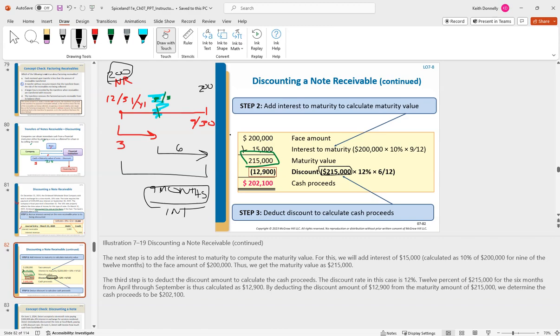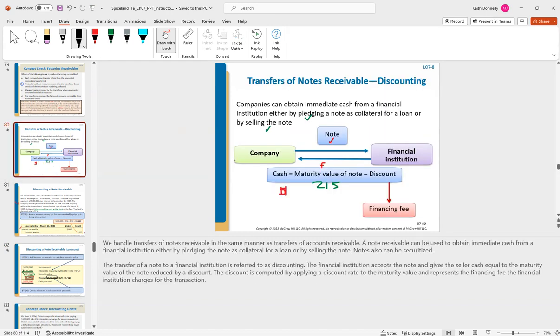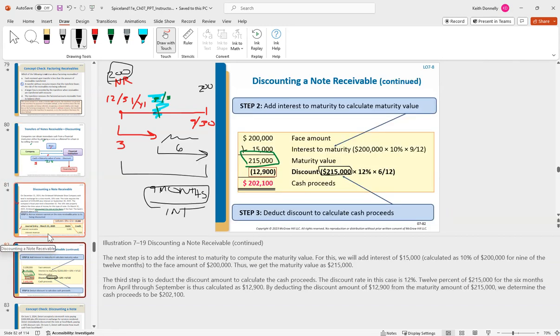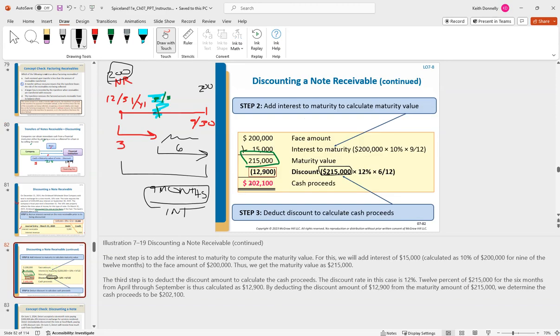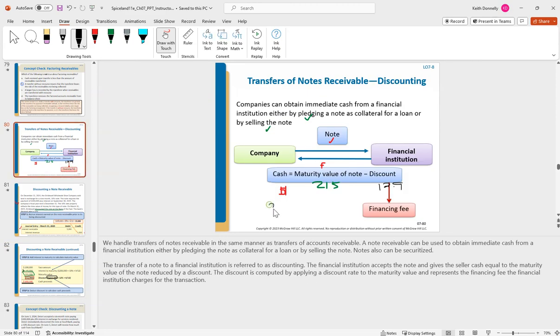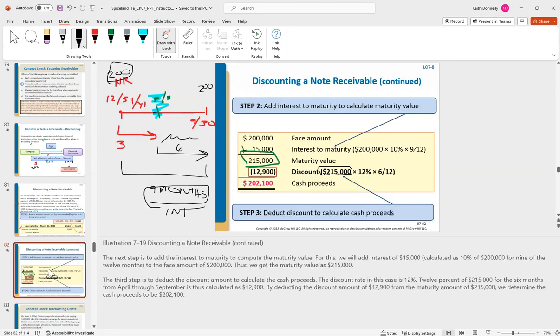We're going to use that number we calculated right there times 12% times the 6 over 12 months. That will tell us the discount, which we said was 12.9. So 215 minus 12.9, 202, must be the cash we got.